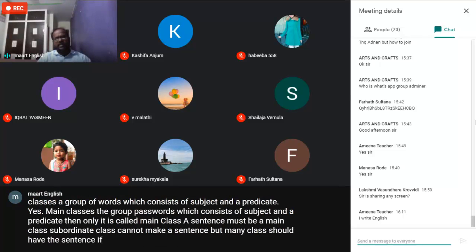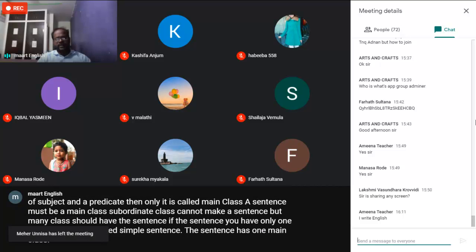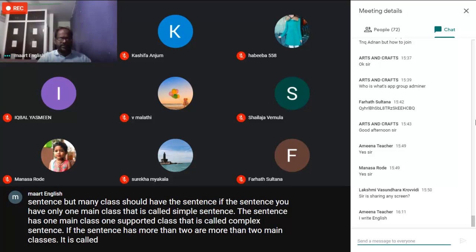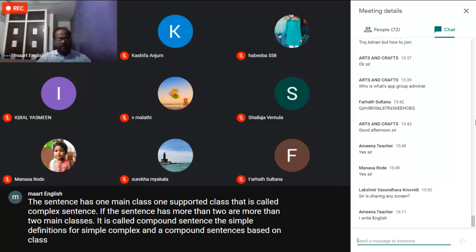If the sentence has only one main clause, that is called simple sentence. If the sentence has one main clause and one subordinate clause, that is called complex sentence. If the sentence has two or more main clauses, it is called compound sentence. These are the simple definitions for simple, complex, and compound sentences based on clause and phrase.